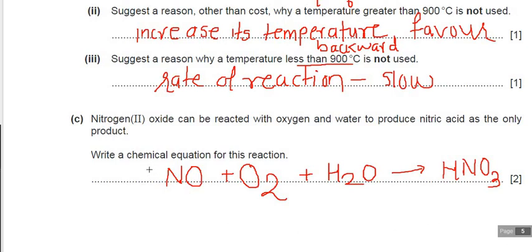Here it is going to be 4, then this one will be 3, then 2, and here you will get 4.